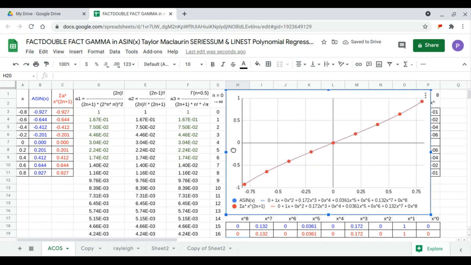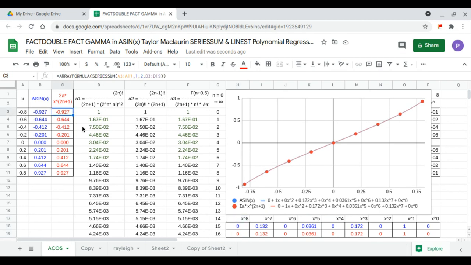So the coefficient of x to the 0, 0. Coefficient of x, 1. Coefficient of x squared, 0. Coefficient of x cubed, 0.172. Coefficient of x to the 4th, 0. Coefficient of x to the 5th, 0.0361. X to the 6th, 0. Coefficient of x to the 7th, 0.132. Coefficient of x to the 8th, 0.